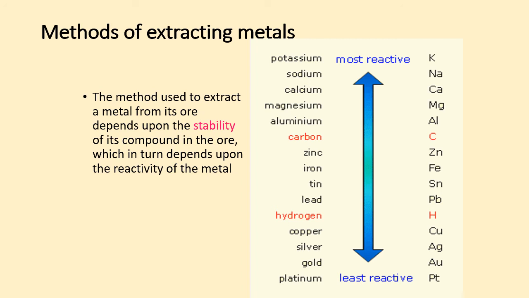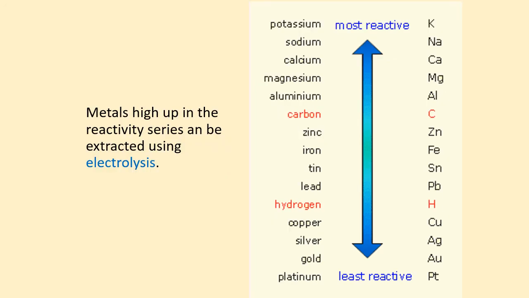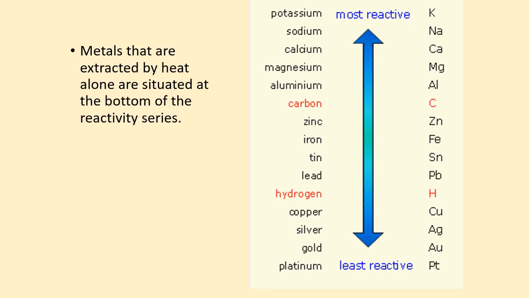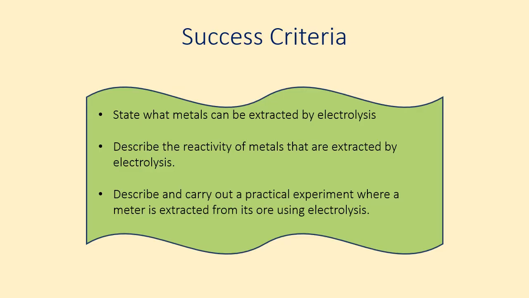And the more stable it is, the easier it is to remove. So metals high up in the reactivity series, you need to use electrolysis. Metals in the middle, you need to heat them with carbon, and metals that are at the bottom, the least reactive, can be extracted just using heat.